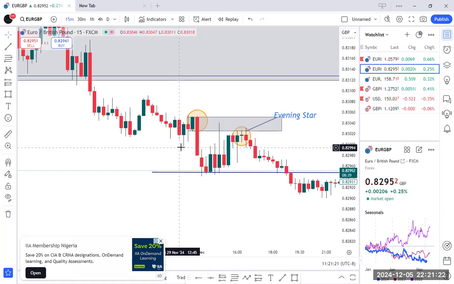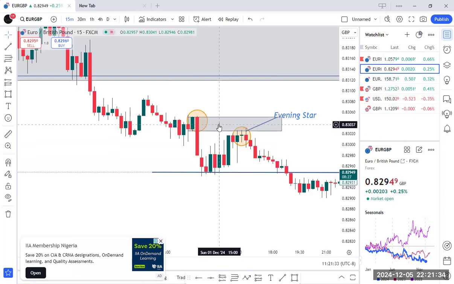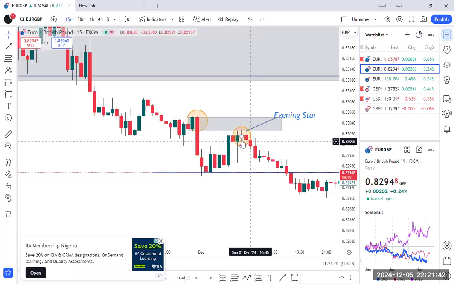Price needs to go back to that exact green candlestick before shooting down. Price first tests it and pushes down, then comes back again to test it. When testing it, it gave us an evening star candlestick. As it gave us this evening star candlestick, price started shooting back down.